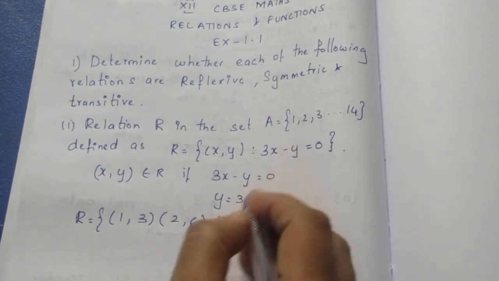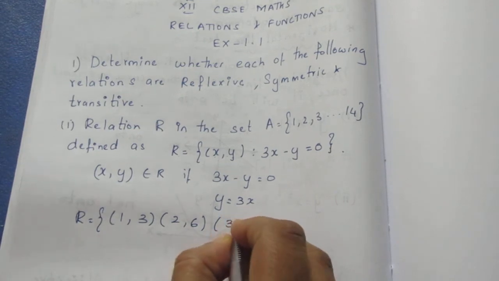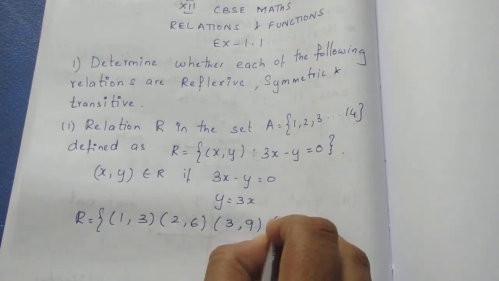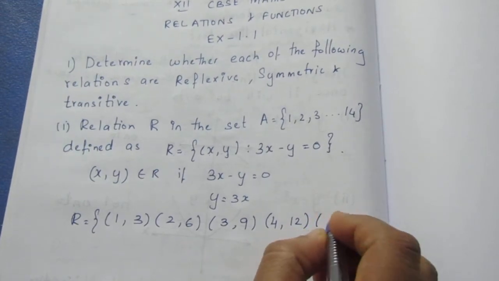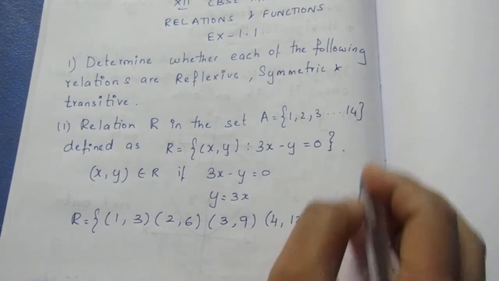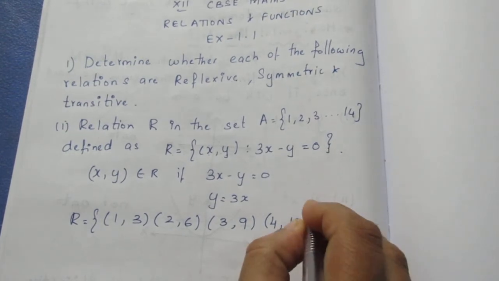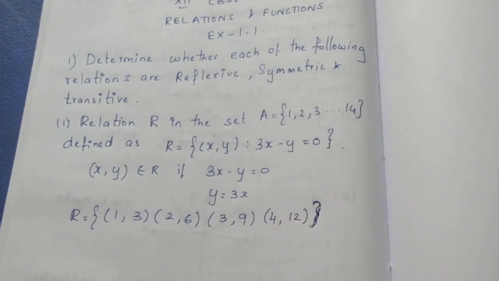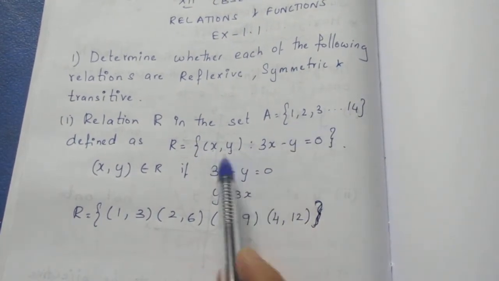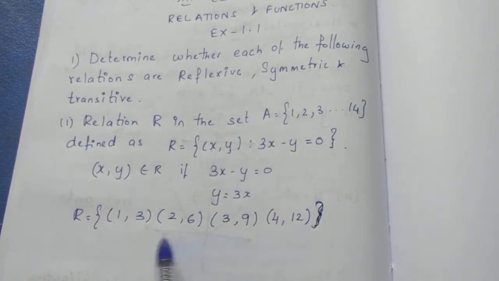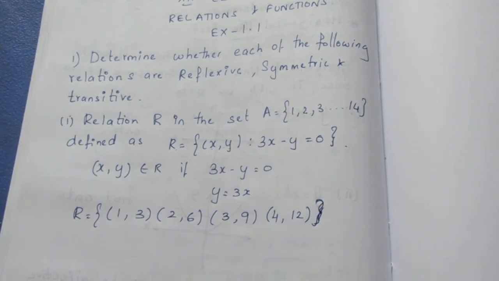If x is 3, y will be 9. If it is 4, 12. 5, it will be 15. There is no 15 in the set, so the set closes here, because x and y belong to A. We are going to finish with 4, 12.